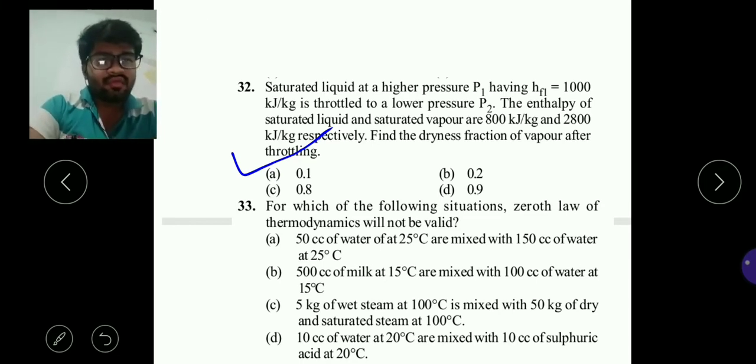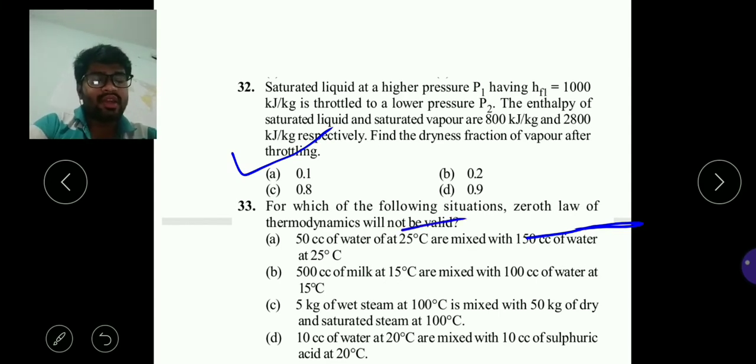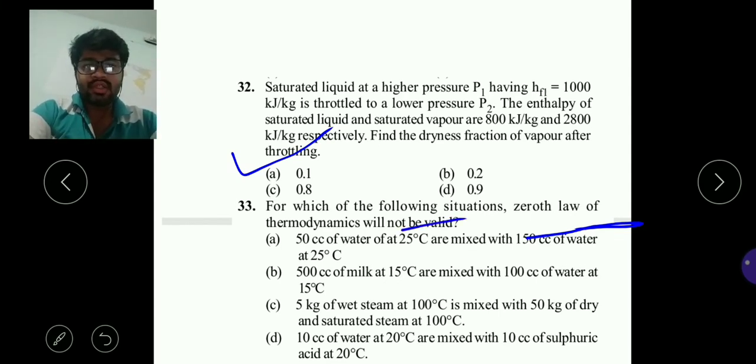Next, for which of the following situations will the zeroth law of thermodynamics not be valid? According to the zeroth law of thermodynamics, it is telling about the thermal equilibrium condition. It means if we are adding two mixtures or two substances, then there will be thermal equilibrium, meaning the temperature will not change.